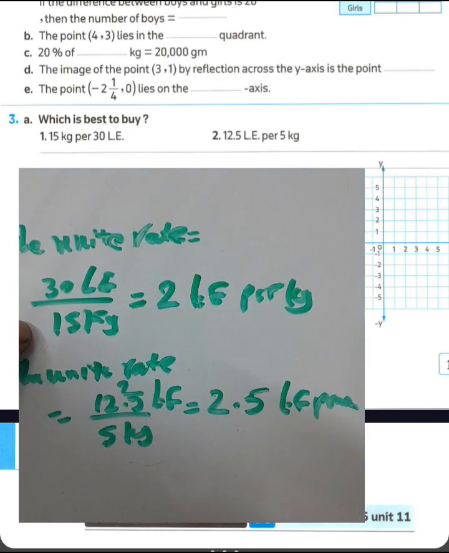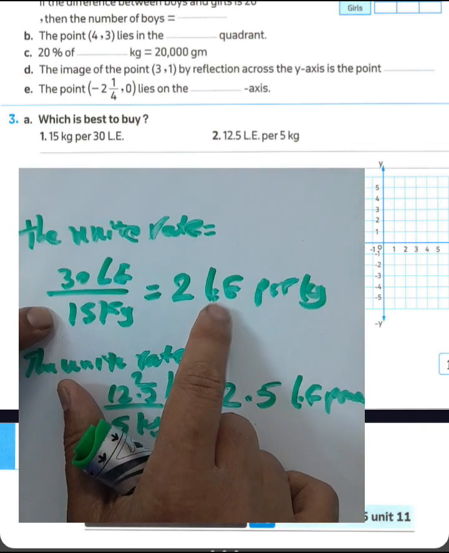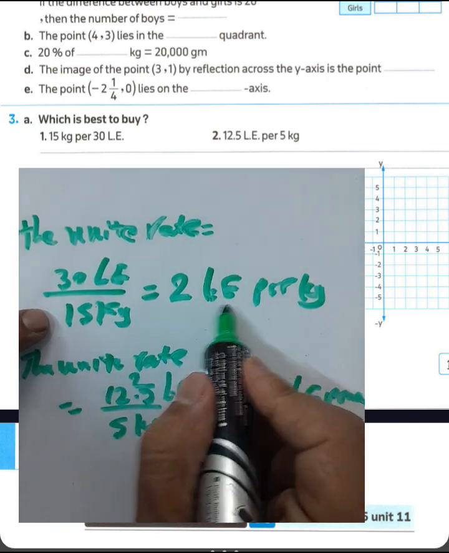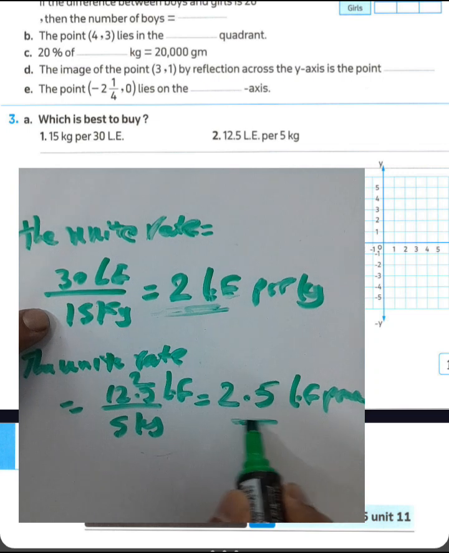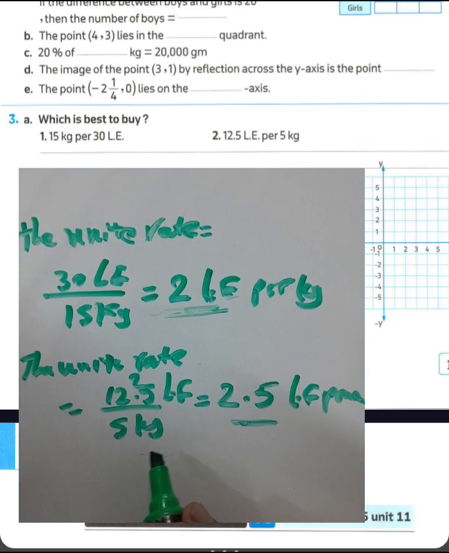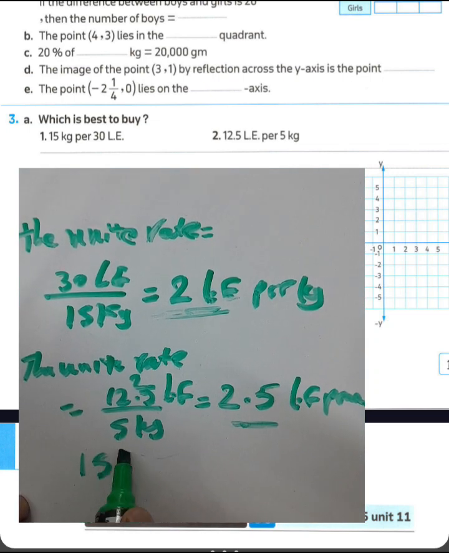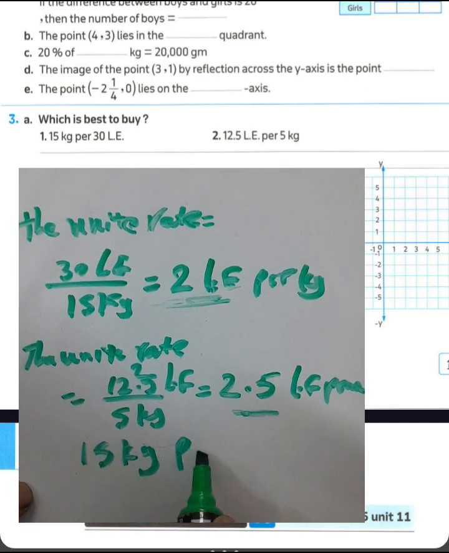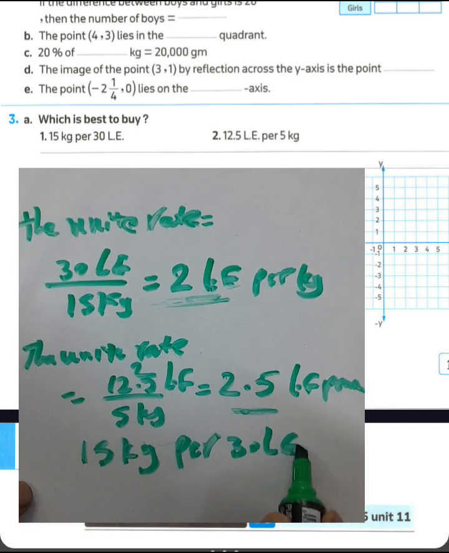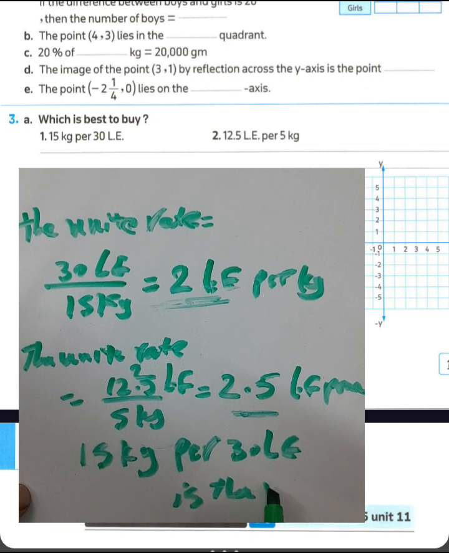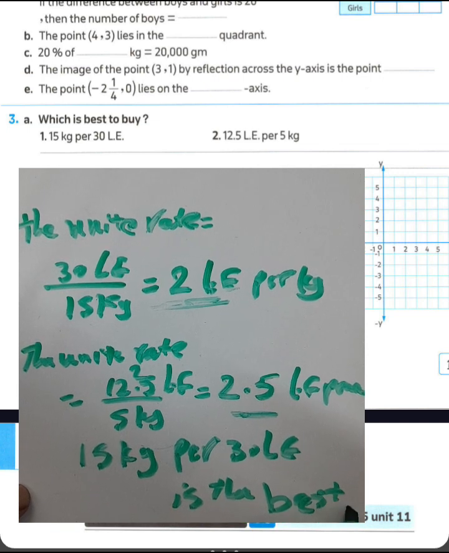Which is the best? The best is the first. Okay, this price is the best: 2 Egyptian lira, and here 2.5 Egyptian lira. We can write 15 kilogram per 30 Egyptian lira is the best.